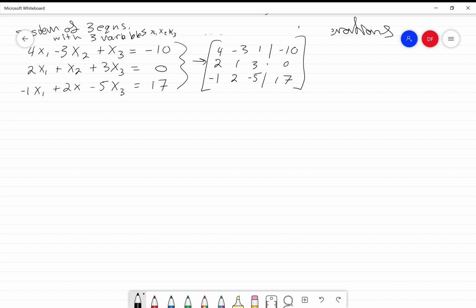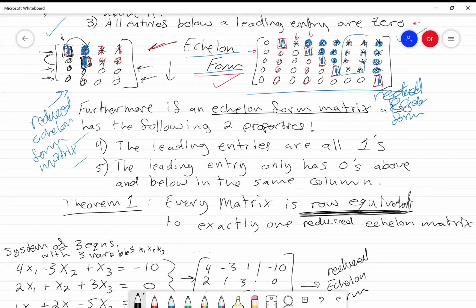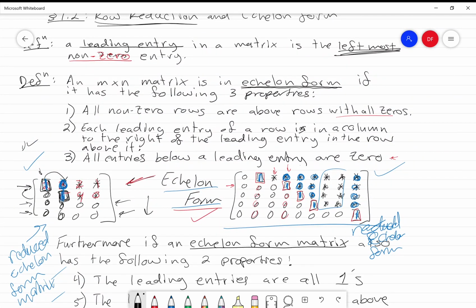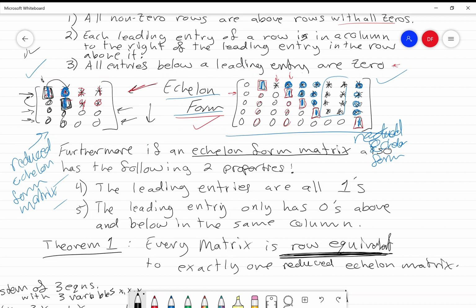Now we want to change this into reduced echelon form. To make it into reduced echelon form, first I have to change it to echelon form, and then I have to change it to reduced echelon form.